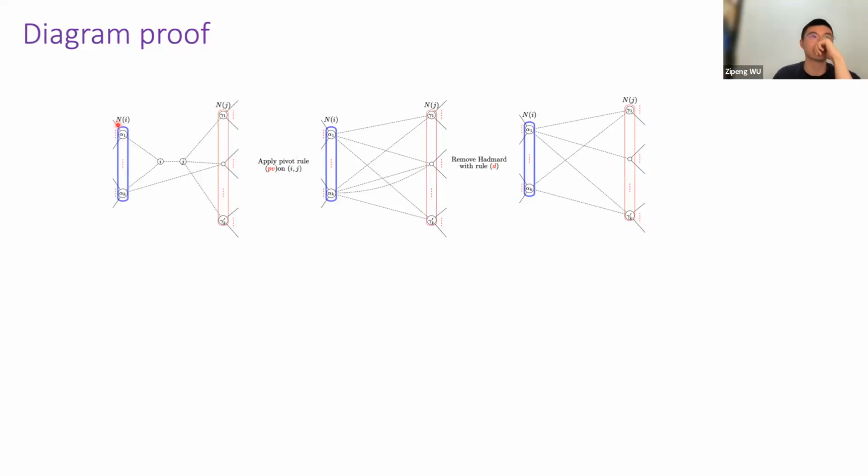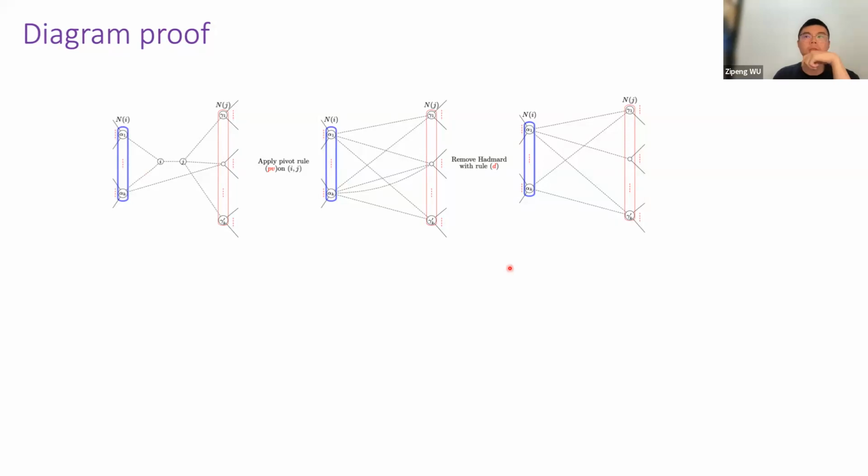Consider an outer code and an inner code. The output node of the outer code is connected to the input node of the inner code with the Hadamard edge. So we basically apply the pivot rule between I and J. This immediately gives the local complementation between Mi and Nj.